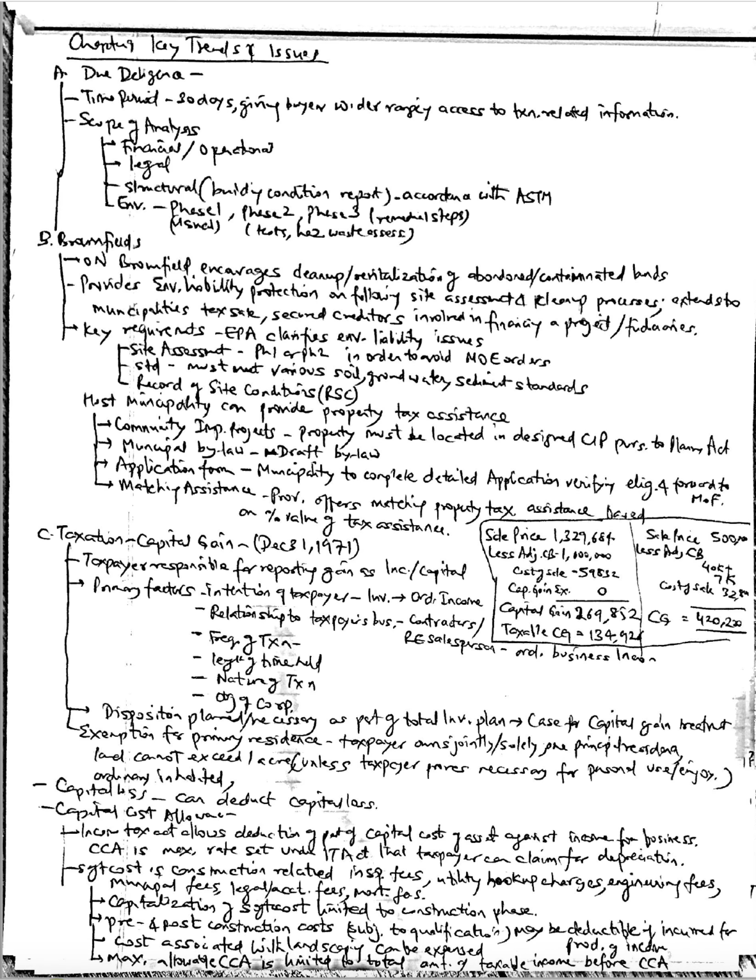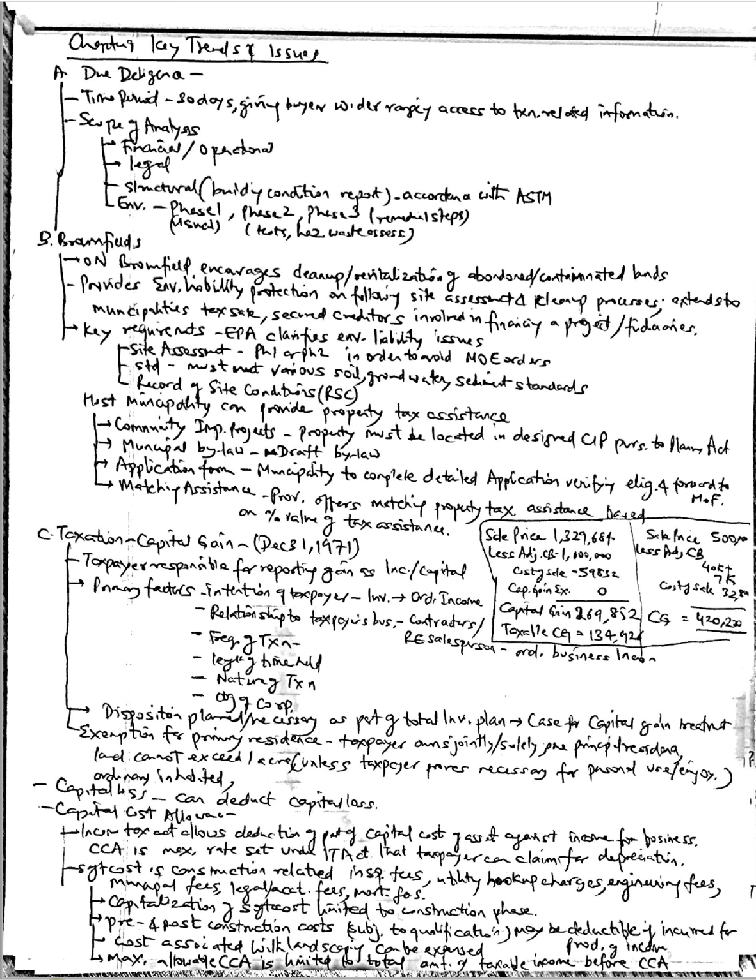Host municipalities can provide property tax assistance under a few conditions. Community improvement project: the property must be located in a designated community improvement project pursuant to the Planning Act. The municipality must draft a bylaw authorizing provisions of taxes for eligible properties.